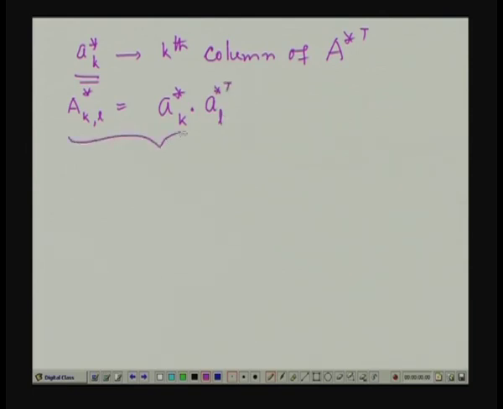So, this is how we defined the basis images.